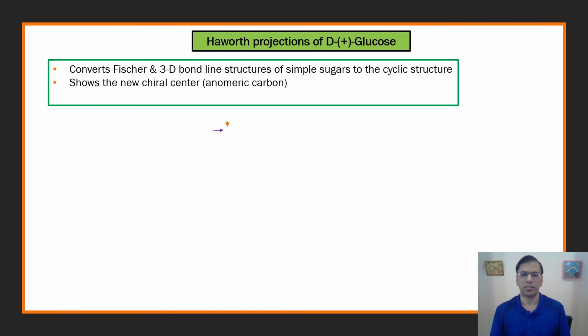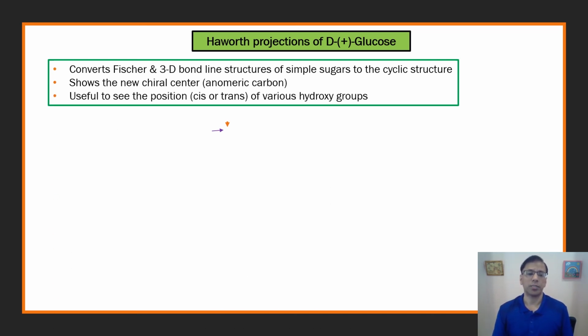That's the reason we need to learn how to draw the Haworth projections. It also shows a new chiral center that's formed because a ring is formed, and that's the anomeric carbon, and we'll cover that. It's also useful to see the positions of the hydroxy groups, whether they're cis or trans with respect to each other. So there are a lot of advantages in drawing the Haworth projections.